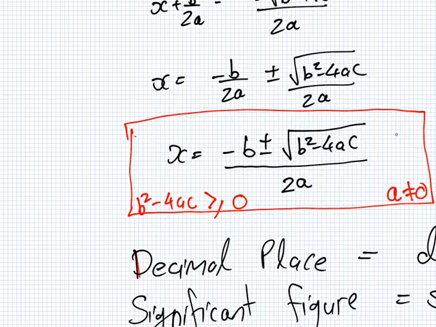So this question here wants you to solve exactly. So we can use our formula. X equals minus b plus or minus the square root of b squared minus, what's it, 48? 4ac all over 2a.